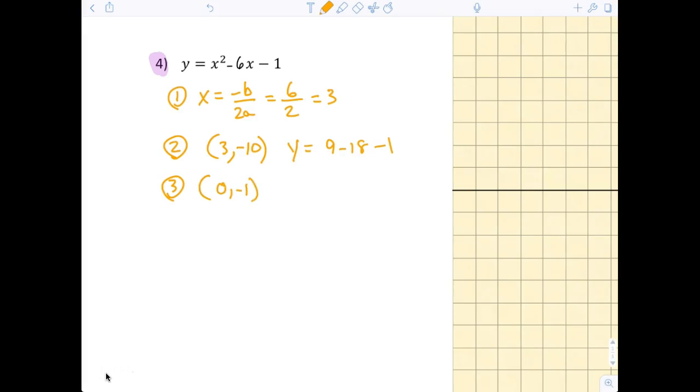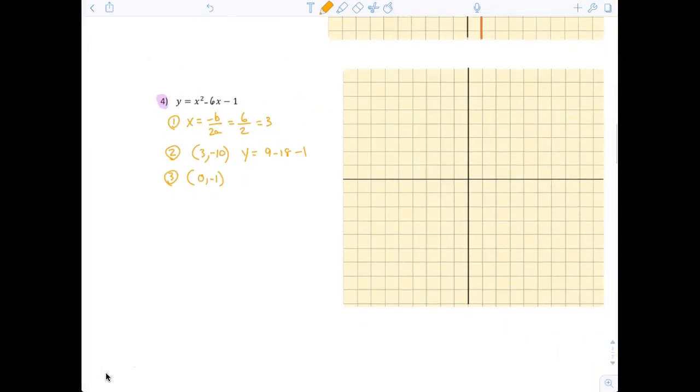Everybody agreeing with me on that? So now let's draw out the axis of symmetry, x equals 3, and then plot the point (3, -10).